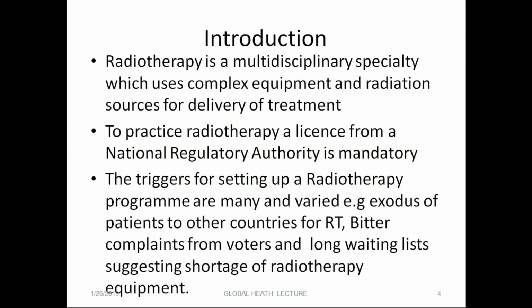Aspects that can be evaluated could be under medical physics, under radiation protection, or under safety and security measures. It is important that when one is setting up a radiotherapy program, all of the above are carefully considered, because they will be evaluated by the regulatory authority before one is allowed to practice radiotherapy.